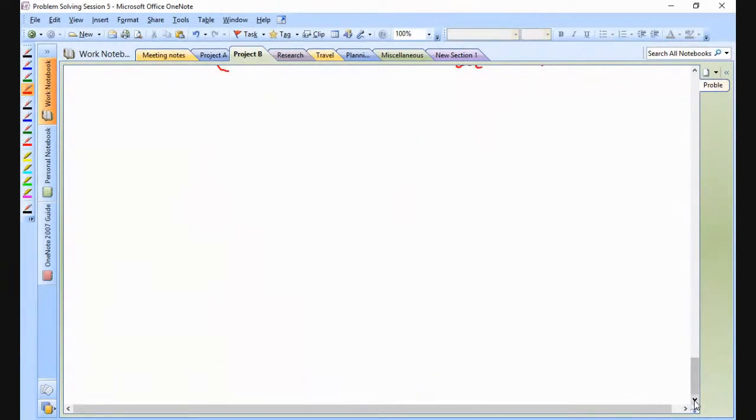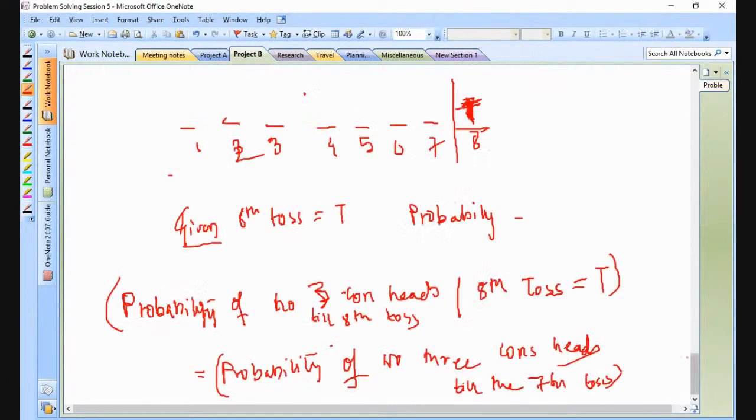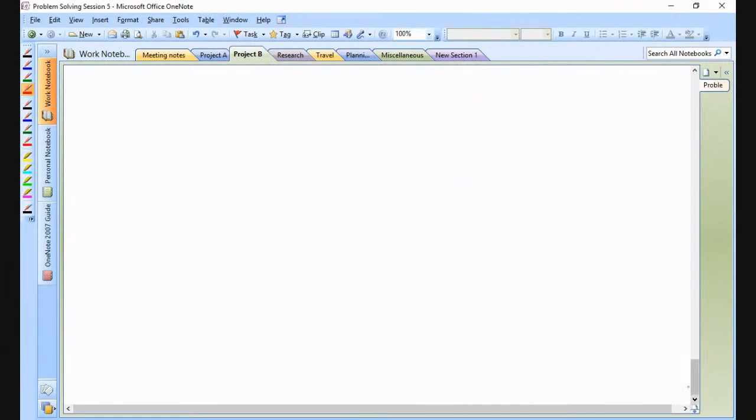Okay, so if it's heads, then what will happen? If the 8th toss is heads, then understand this can be HH or HT again. So we divided into 2 cases, HH and HT.